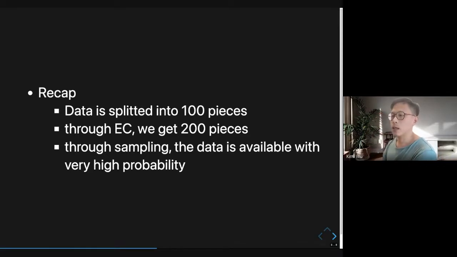The data is split into 100 pieces, and through erasure coding, we get 200. And through sampling, we can say the data is available without really downloading the whole data.